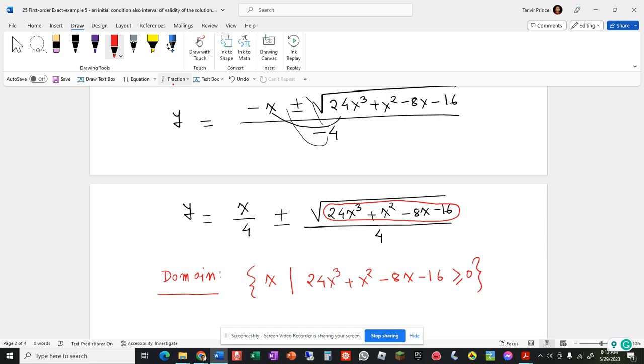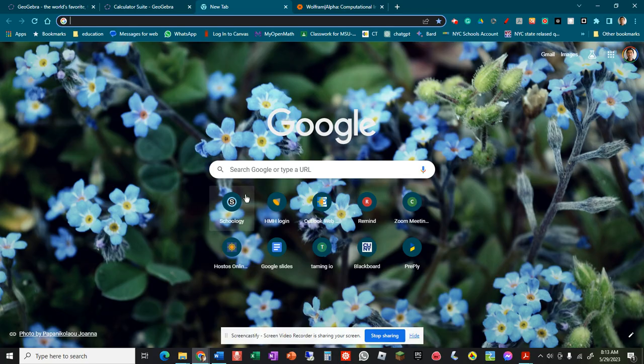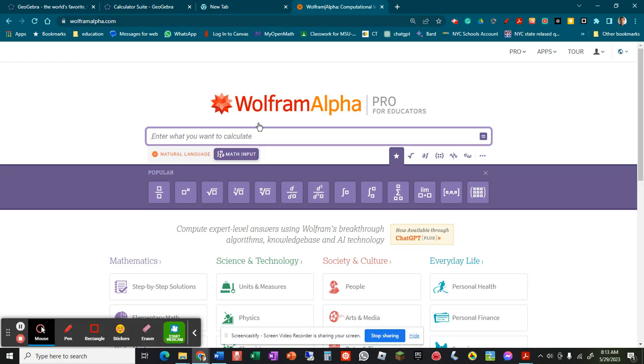So how do we solve it? Of course, we are not going to do it by hand. Here you can use GeoGebra or another computer algebra system, and let's actually use Wolfram Alpha. It's a very useful website.